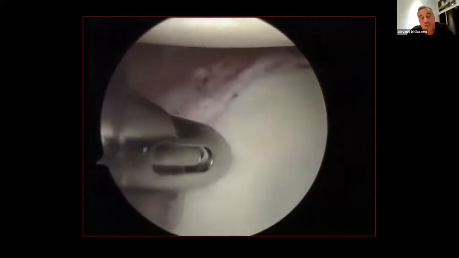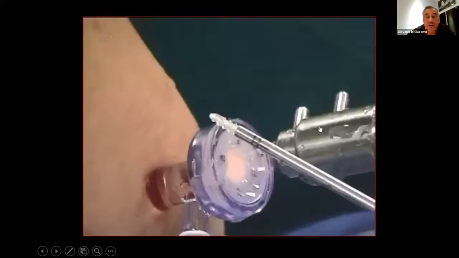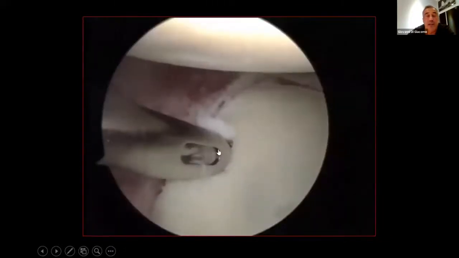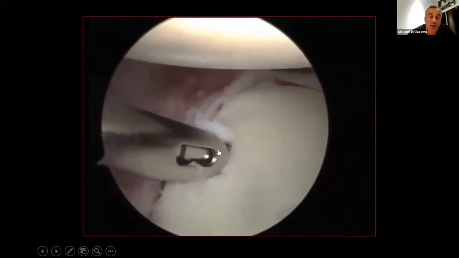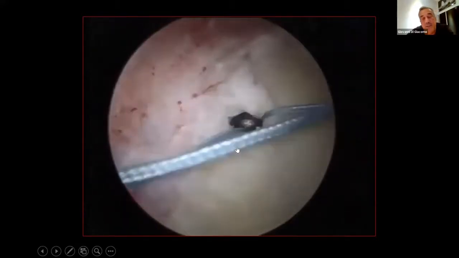You can use your camera from posterior or from anterior superior, but very, very important is to put the anchors in the right spot. This is a right shoulder. We are watching from anterior superior. Just a very fast example.